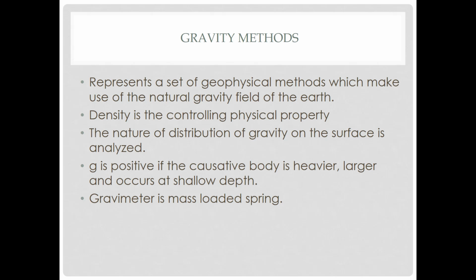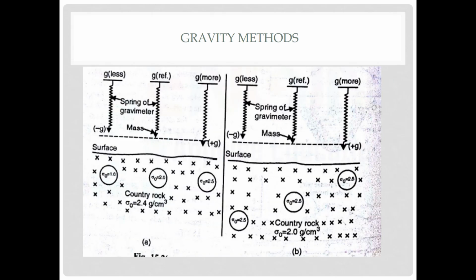So a gravimeter is a mass-loaded spring. So you can see it in here. In figure A, for a heavier body, the spring extension is becoming longer. For a lighter body, the spring contracts, becoming shorter.